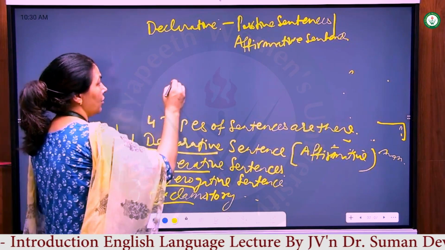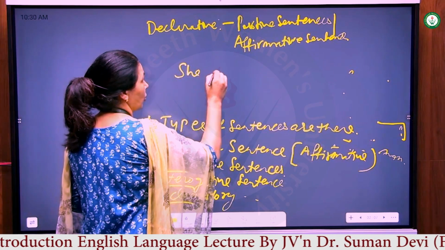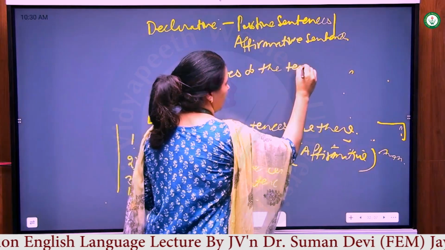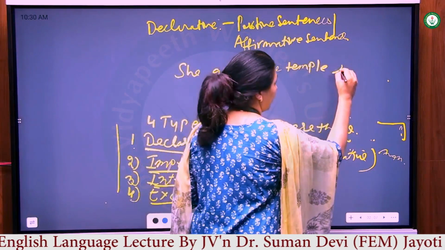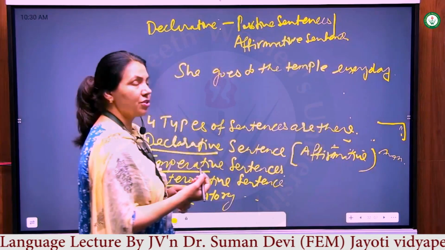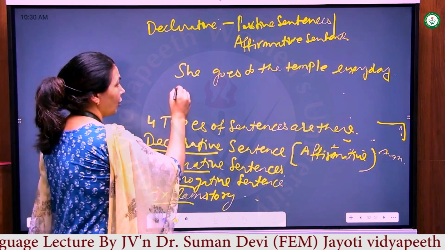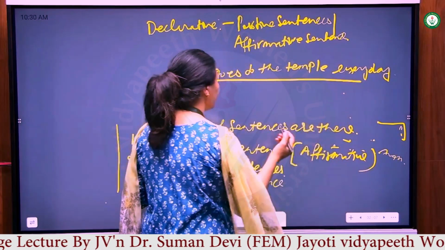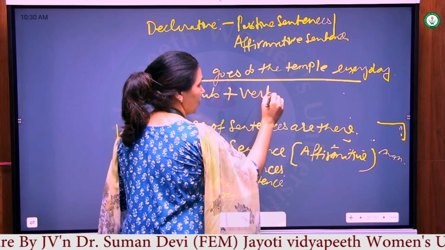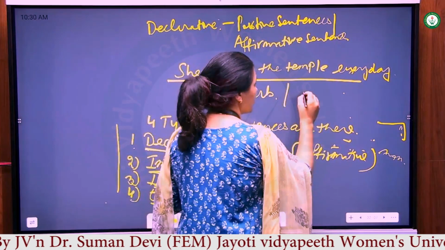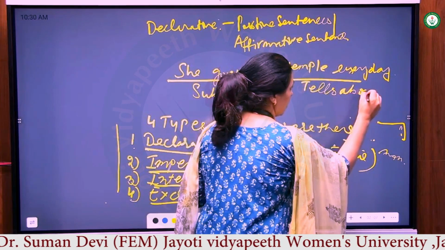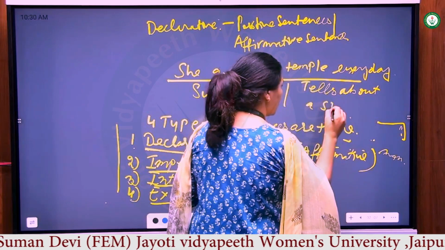For example, she goes to the temple every day. So this is a proper sentence. Why? There is a group of words, there is a subject and there is a verb also, and it tells about a statement.